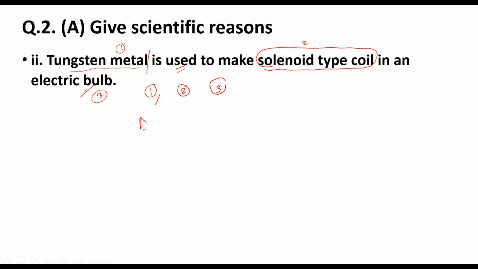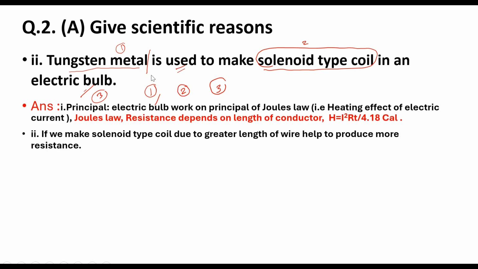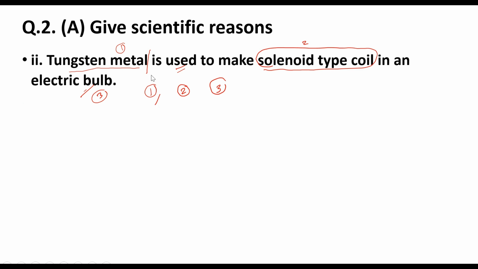In my answer, the following points should be reflected. What is the relation between 1 and 2? What is the relation between 1 and 3? What is the relation between 2 and 3?